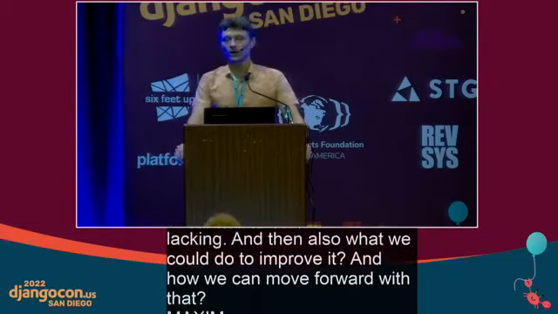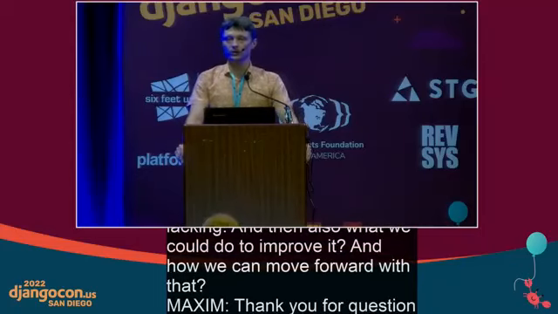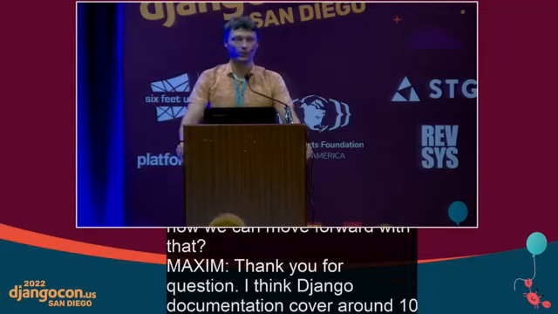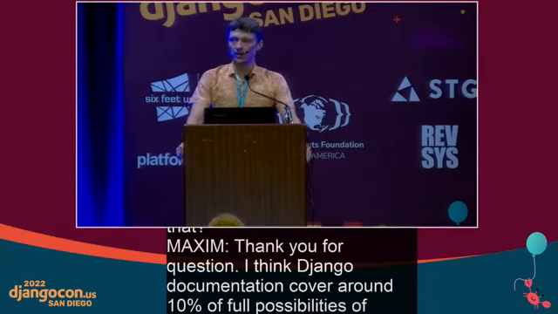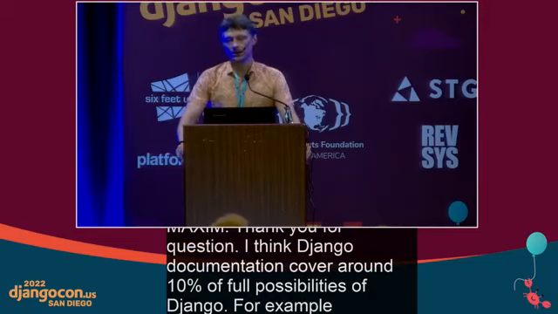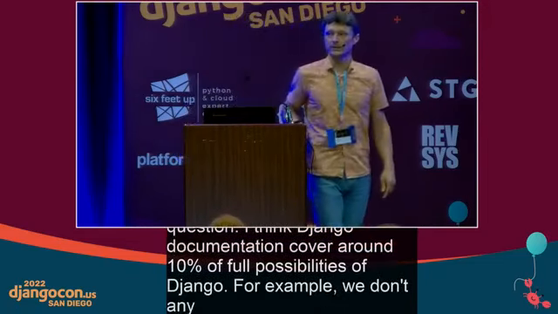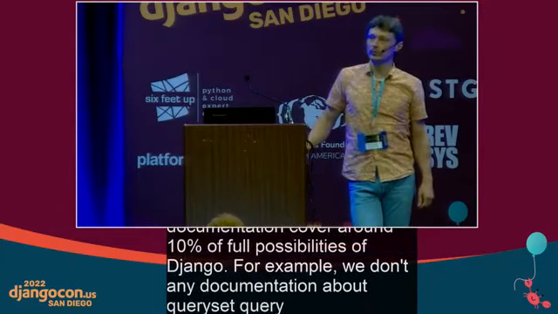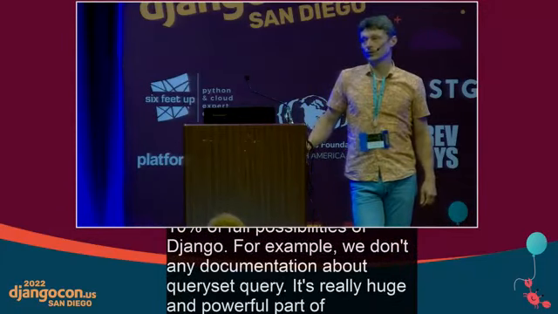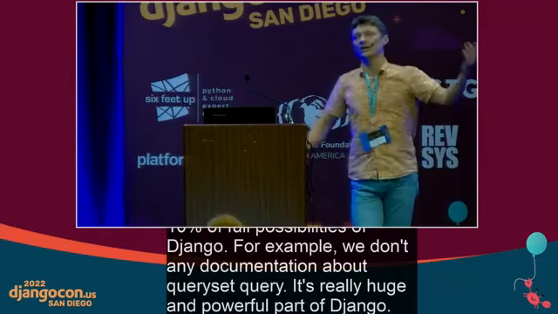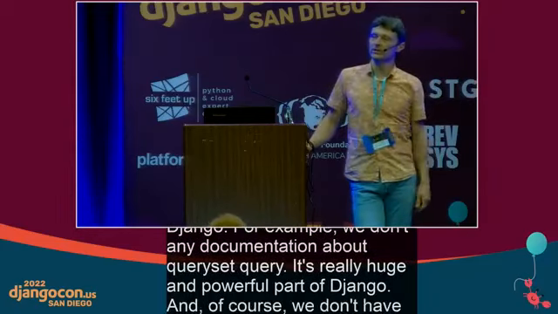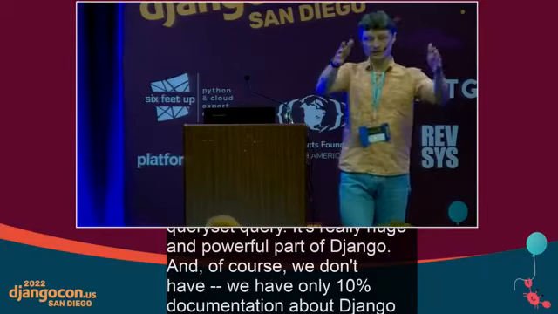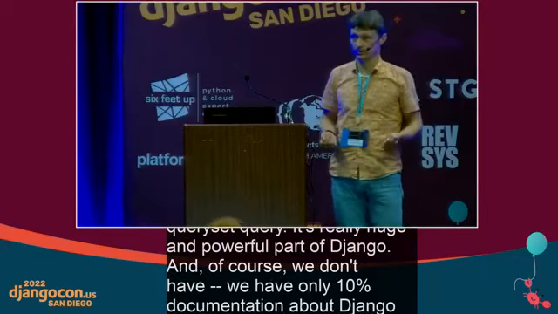Thank you for the question. I think the Django documentation covers around 10% of all the possibilities of Django. For example, we don't have any documentation about QuerySet.query. It's a really huge and powerful part of Django. And of course, we have only 10% documentation about django.contrib.admin or the whole django.contrib collection.